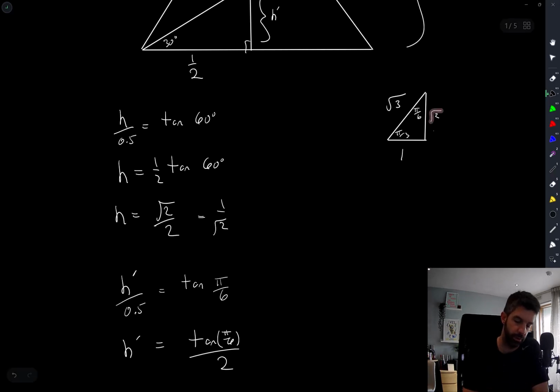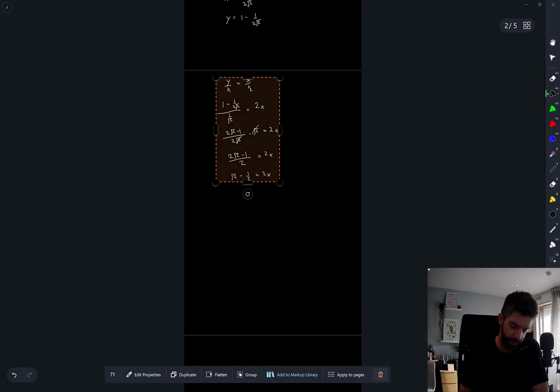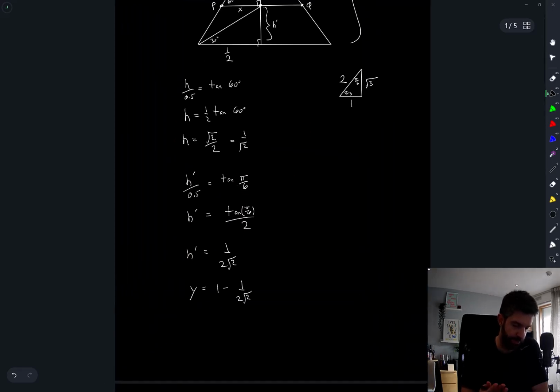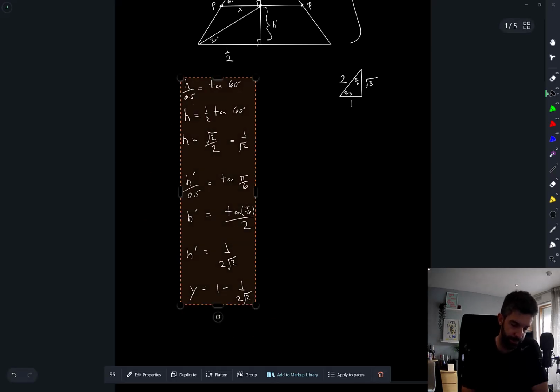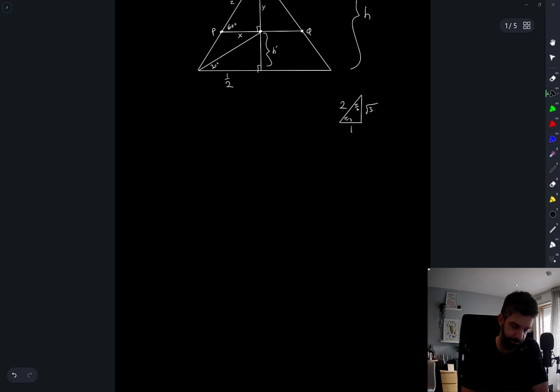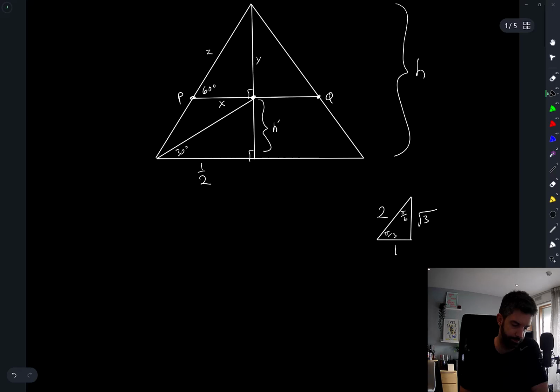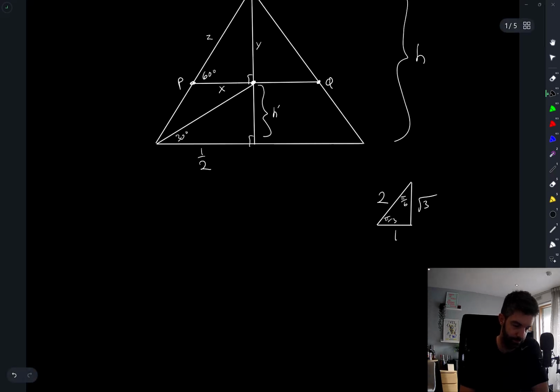That's because this triangle is wrong. I've done this before. Oh my god. 2, 1, and root 3. Okay, I mean, the process is exactly the same. It's just getting the numbers right. What did I have?